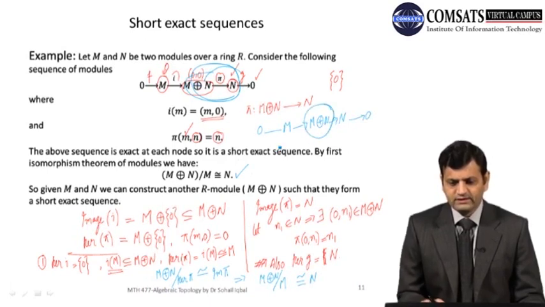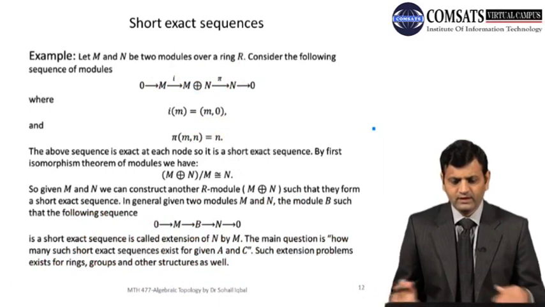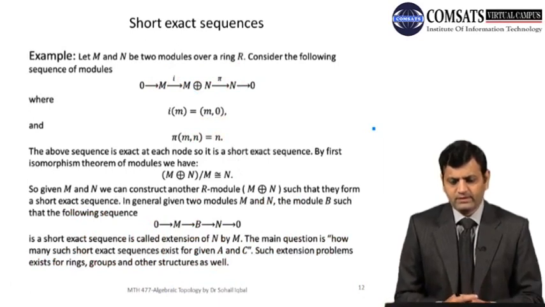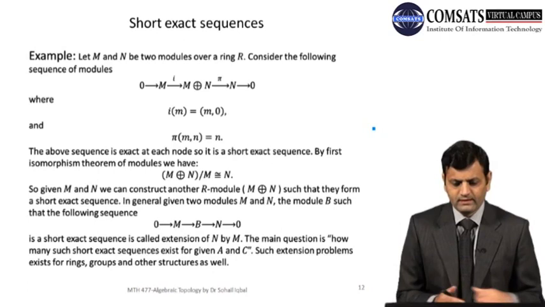So in general, given any two modules A and C, a module B such that the following sequence is a short exact sequence is called an extension of C by A.